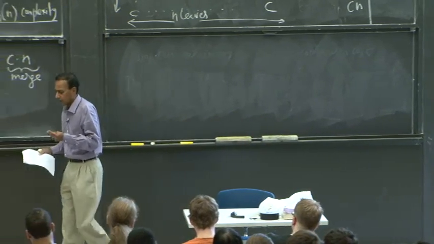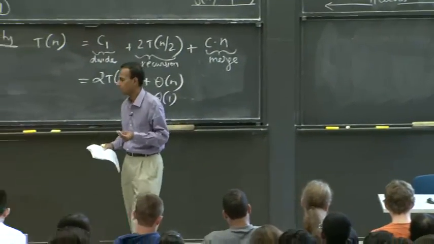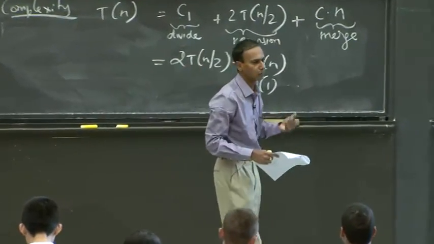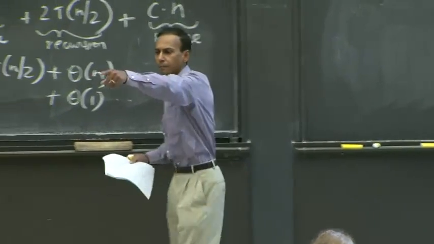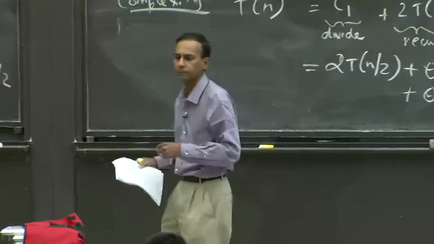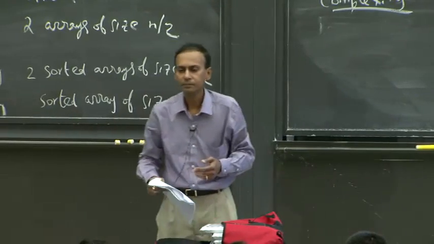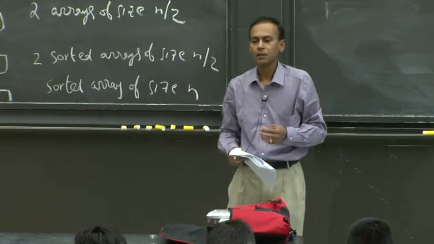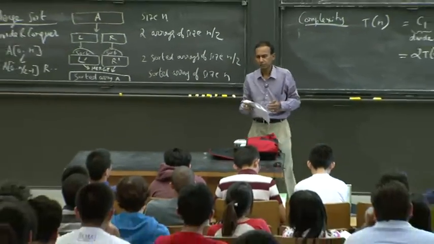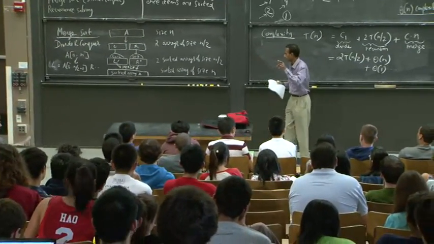What is one advantage of insertion sort over merge sort? Yeah? You can store it in place. What does that mean? You don't have to move elements outside of the memory that are already in there. That's exactly right.